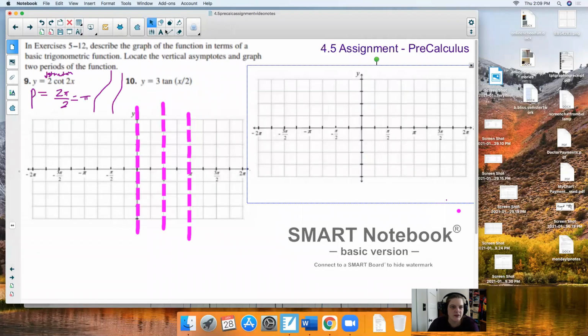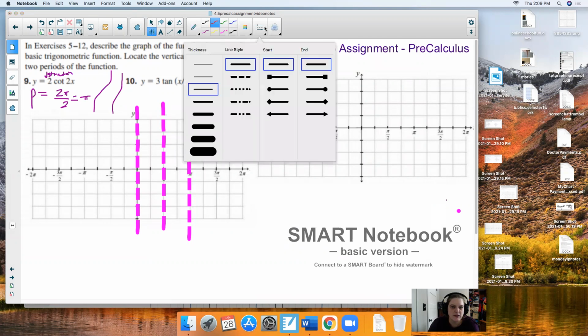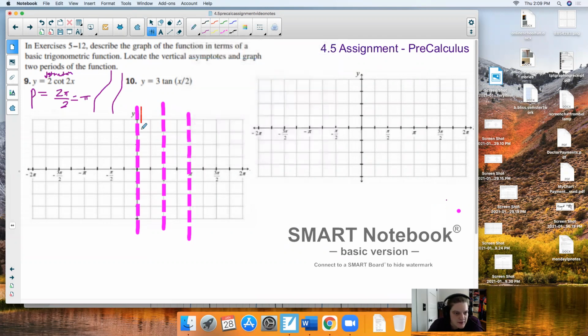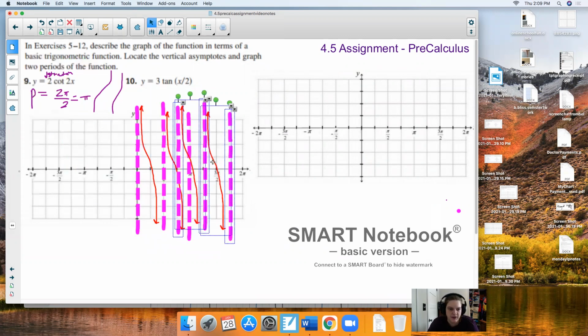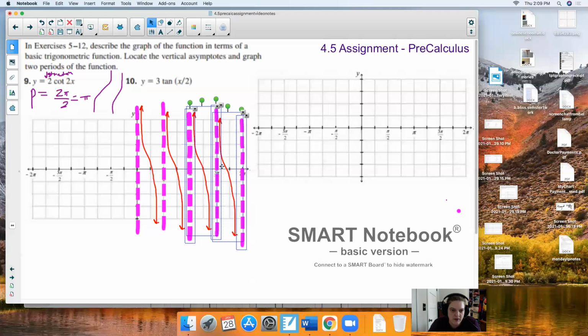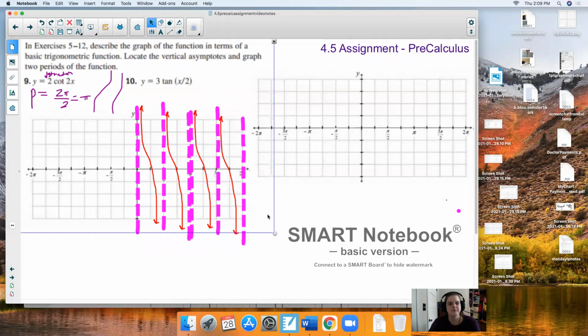And of course, enter at that origin here. So we're going to go down and to the left. And that was kind of perfect, so I'm just going to copy that one. All right, and so that is one period because it has two of these things within one period. And so we do want to copy that and paste it for a second period because it wants 2 periods worth of graphing. There. All right.